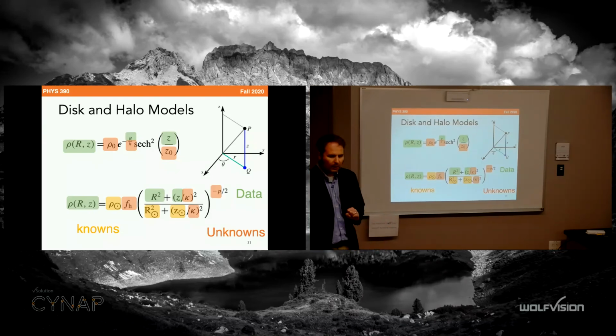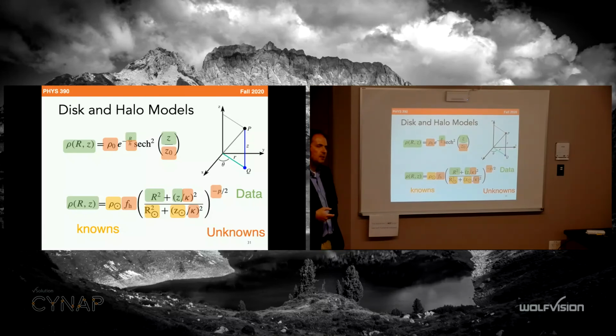So what is what? Well, we have data. We measure a star at a position, which we can translate into radius and height above the plane. And so we have data points, and then we have knowns. We have the position of our sun in the Milky Way. That's something that other people have measured. So those are constants. And then we have unknowns, which are the orange ones, right?